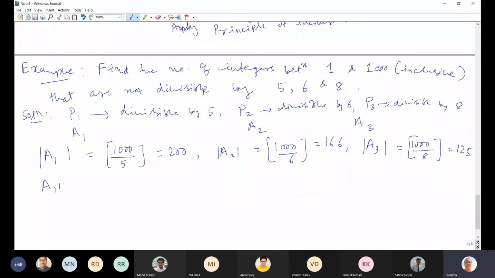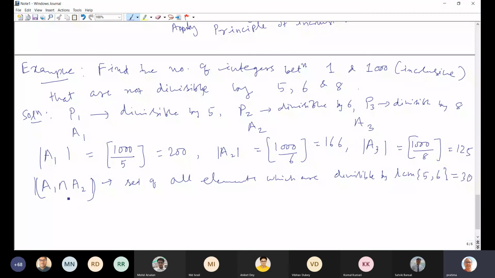So what will be the cardinality of A1 intersection A2? This is the set of all numbers which are divisible by both 5 and 6, and divisible by both means divisible by their LCM. The LCM of 5 and 6 is 30.